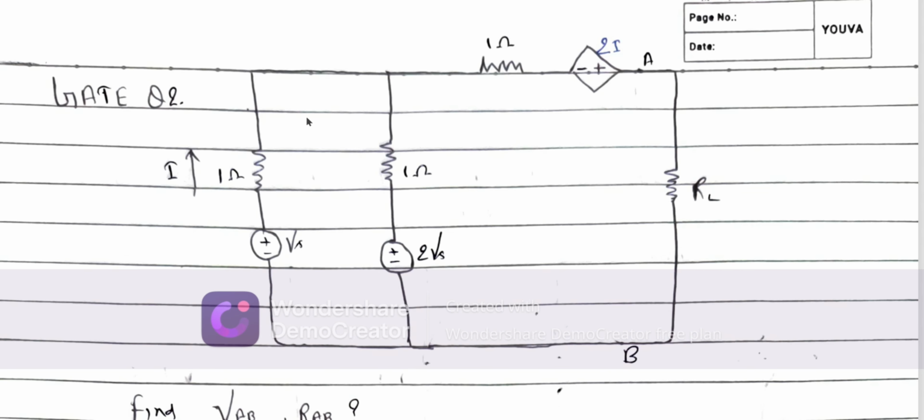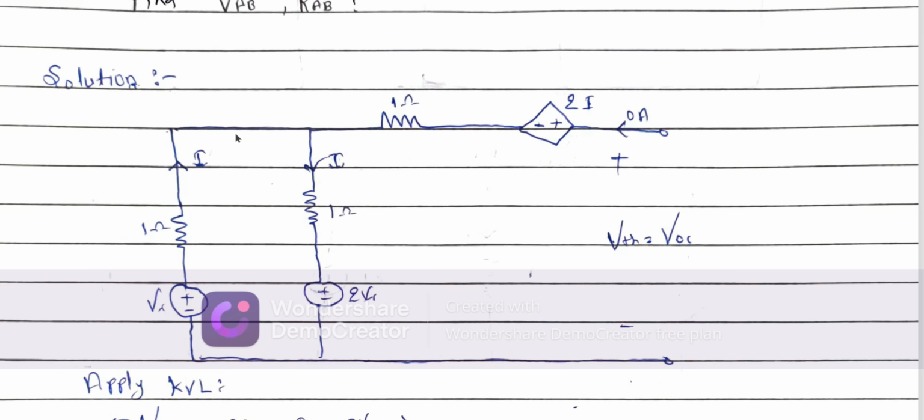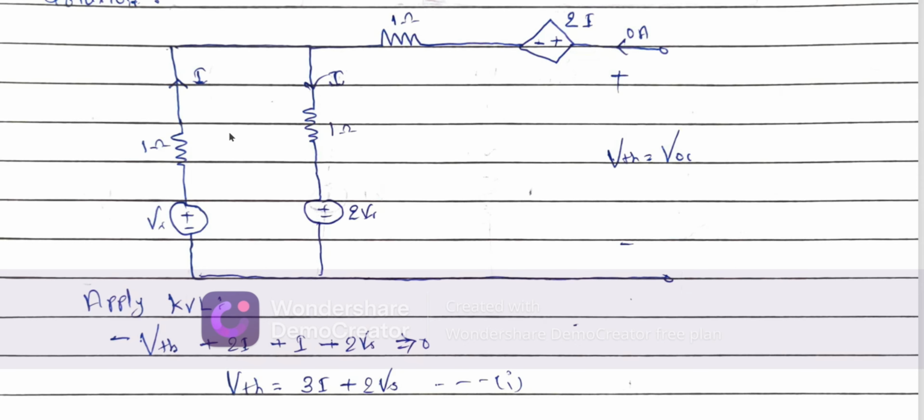I is moving into this loop, and in this loop 0 ampere is given, so the current I is moving through the 1 ohm resistance and the 2 Vs resistance also, this whole loop.